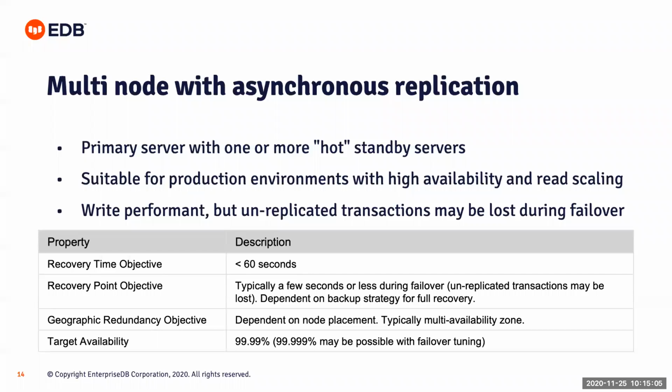This typically happens if there's congestion in the network or something that makes the agents monitoring the databases unable to connect to the database, and so they think the primary server is down and perform a failover, but the primary database was actually fine; the network was the problem. The failover in itself is not that big of a problem. The problem is that you're creating more work for yourself, because now you need to restore your primary database.